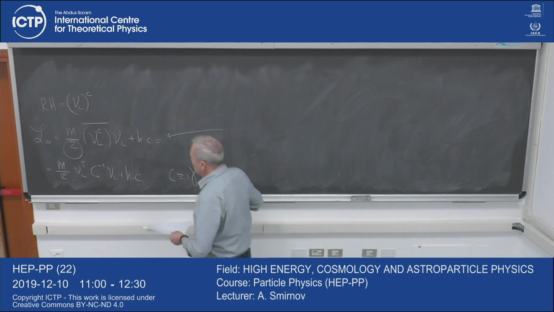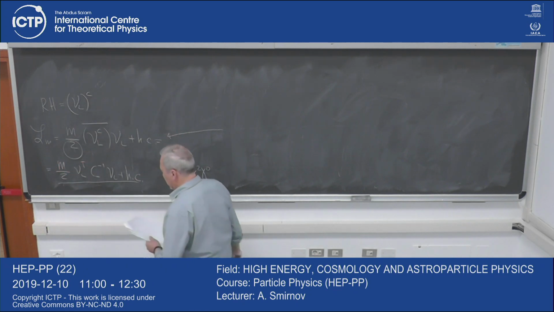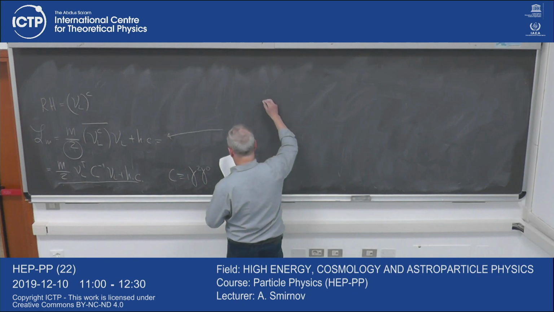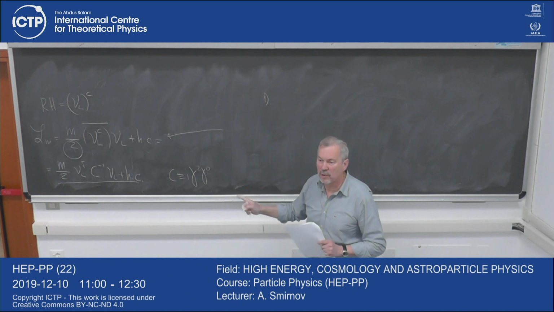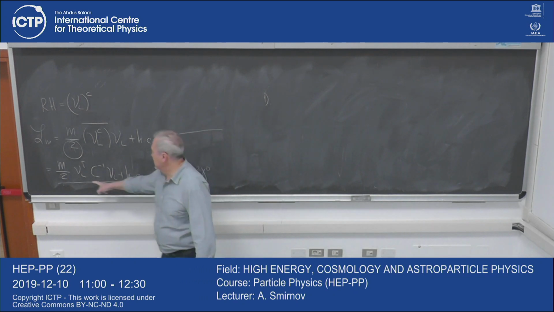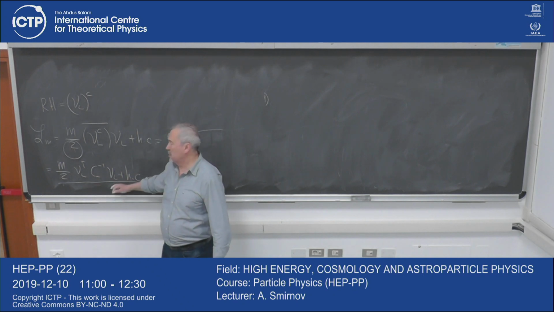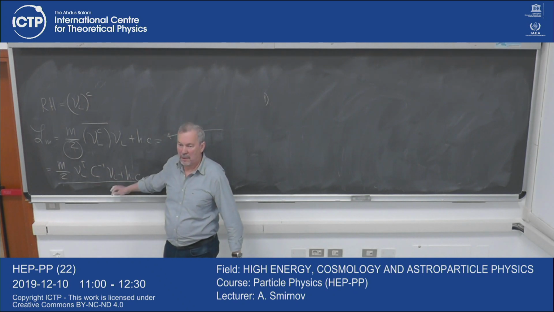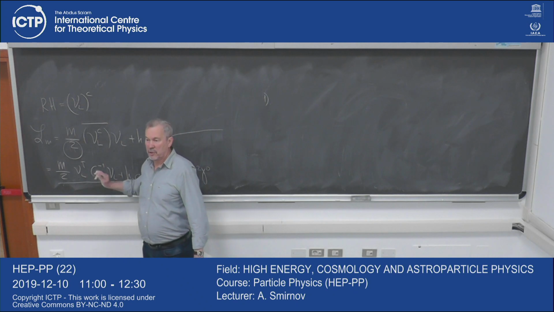So we have a constructed mass term of this form, which has the following properties. The first, of course, is that it is not possible to introduce this for, say, the electron or other charged particles, because you would have the electron here, and that would violate electric charge. Since this is a term in the Lagrangian, it gives you transitions, and only for neutral particles can you introduce this Majorana mass term.